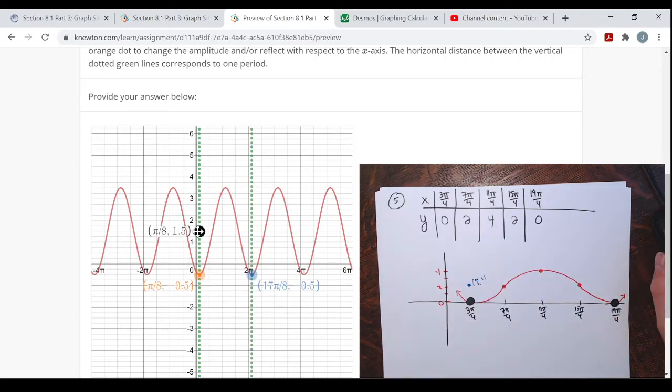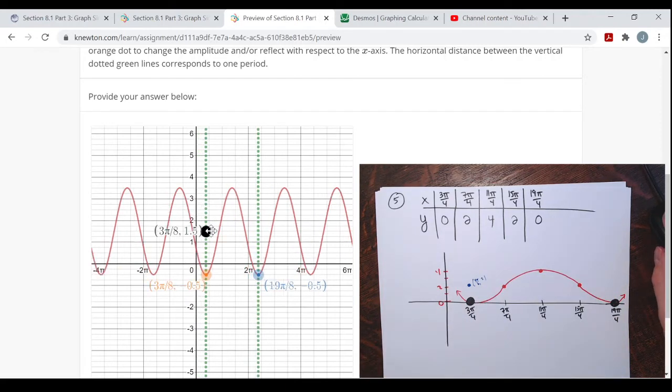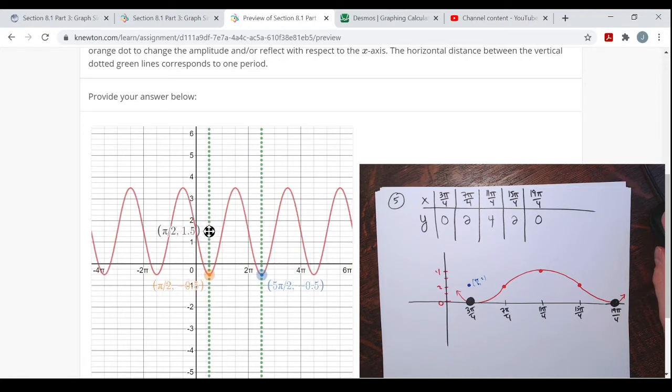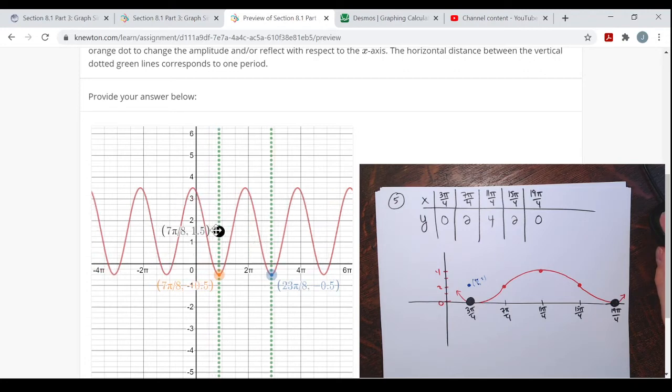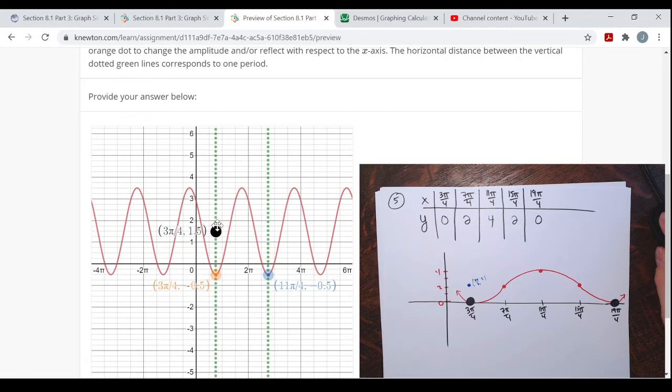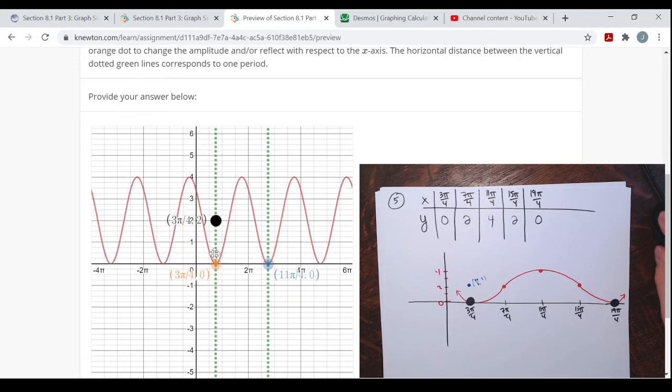Let's see if I move the black dot to 3 pi over 4. 6 pi over 8, that's 4 pi over 8, 5 pi over 8, there it is. 3 pi over 4, 2, there. Now you see this yellow dot here is at 3 pi over 4 comma 0 like I want.